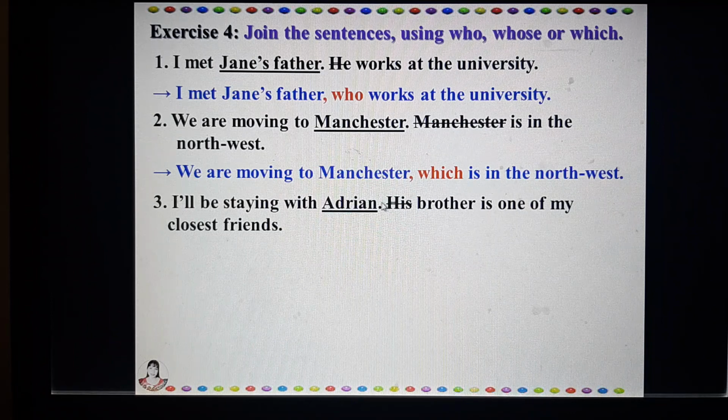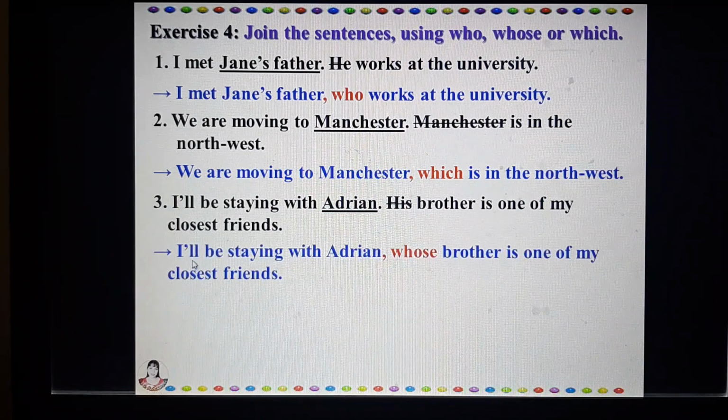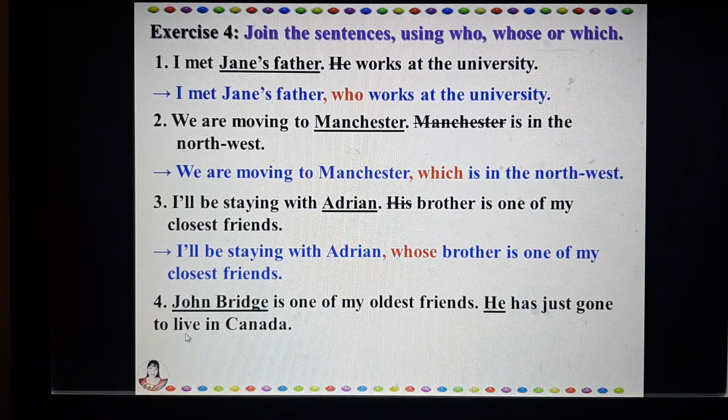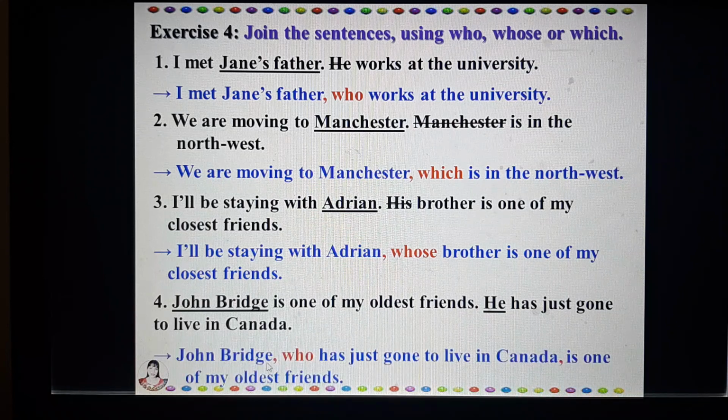His brother, Arian is a proper name. So, I will be staying with Arian, comma, whose brother is one of my closest friends. Number 4, John Priest, comma, who has just gone to live in Canada, comma, is one of my oldest friends.